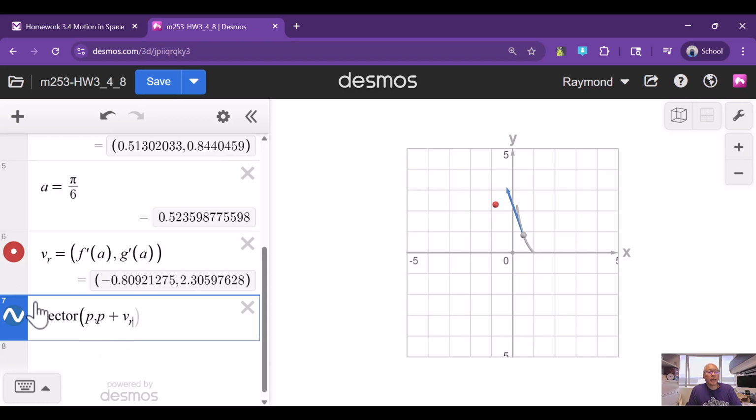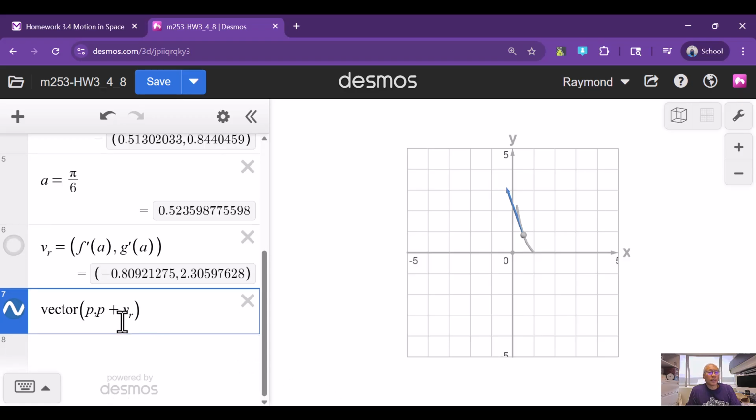And so now we see this blue vector as our tangent vector at that point. So we don't need this anymore. You can imagine a vector from the origin to this point would be exactly the same as that vector that's been offset. So let's take that away.